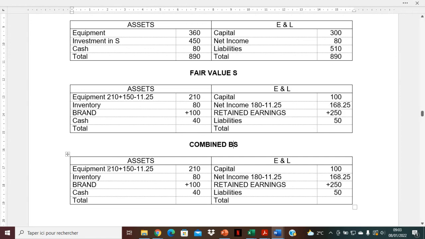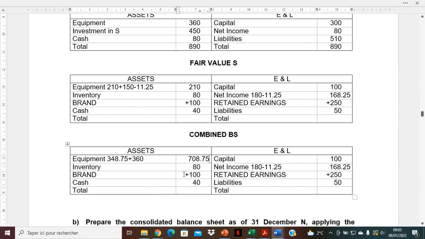Here my equipment value for the subsidiary now is 348.75, and for the parent company at the end of the year it is 360. So together that's 708.75. Okay, I have inventory, I have the brand name, I have cash, 40 for the subsidiary plus 80 for the parent, so 120 in total.